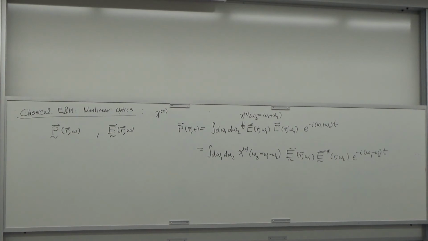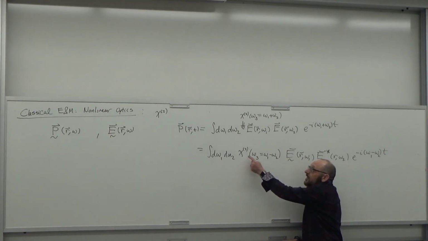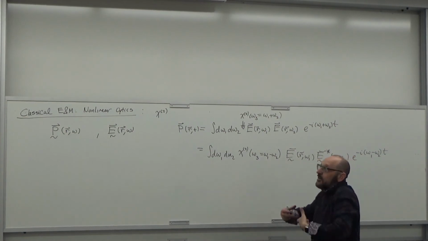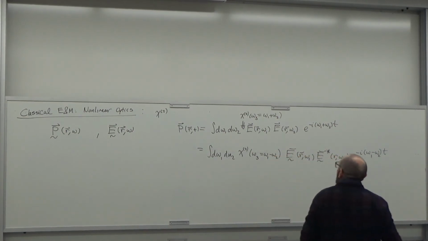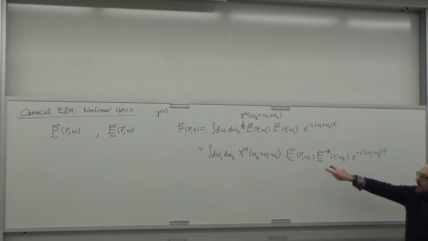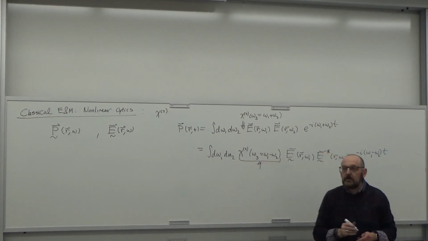And if there is a chi2 susceptibility that is strong at that difference, then the material will oscillate at this beat note, intermediated by something about the material.